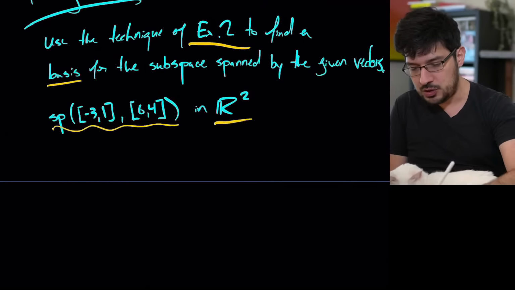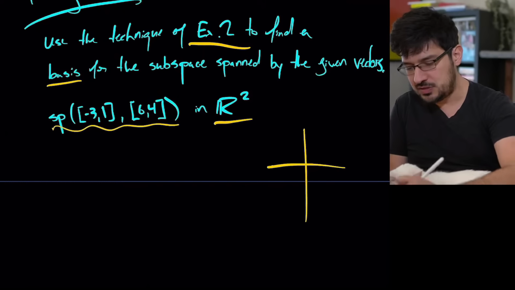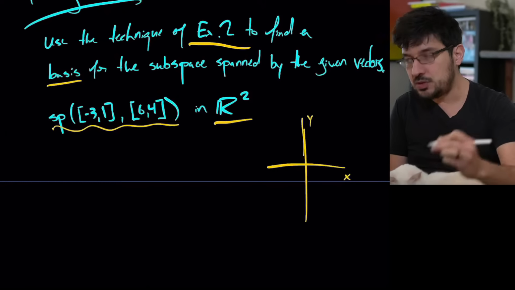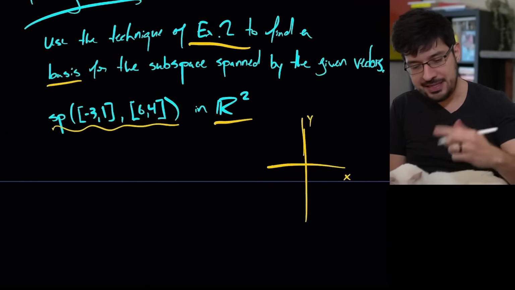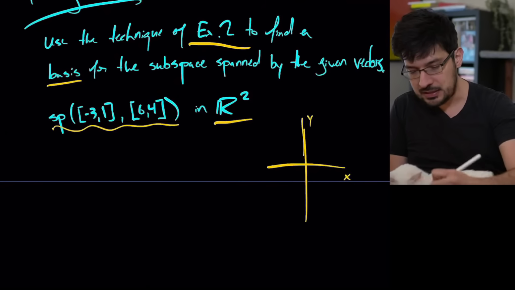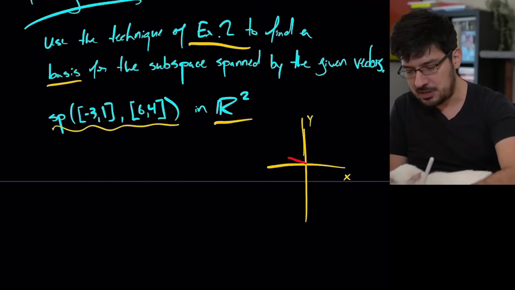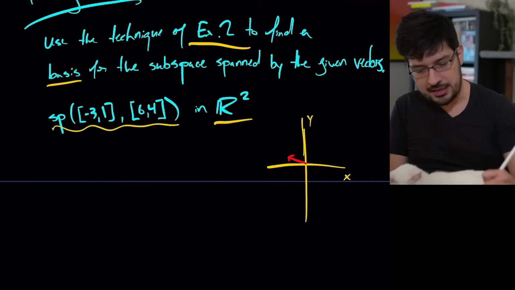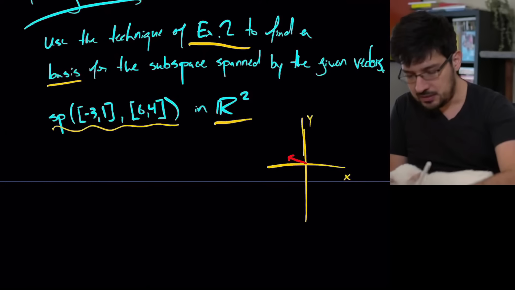So we're in two-dimensional space, which is the plane, xy. And these two vectors, I can tell immediately that they are linearly independent. Negative 3, 1 is going to be something like this, and then 6, 4 is going to be something like this.